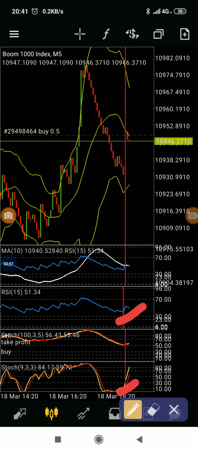That means a change of trend. Once the stochastic 9,3 is at level 10 or below level 13, it is indicating a change.